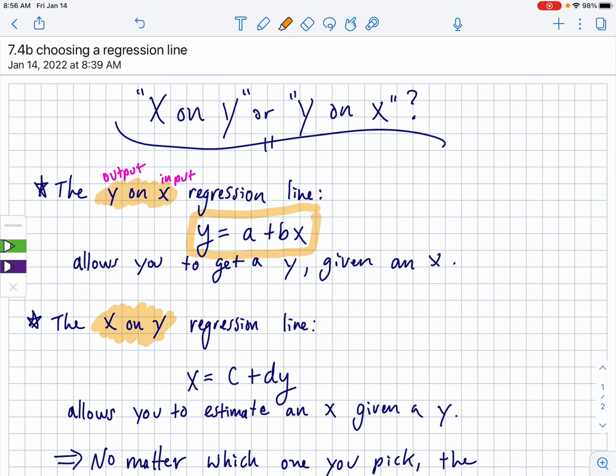The flip of that is the x on y. Now remember, this means that the x is going to be the output and the y will be the input of the function. So that looks something like this: x equals c plus dy. Oh, also I realize you guys are used to y equals mx plus b. It's still the same thing.